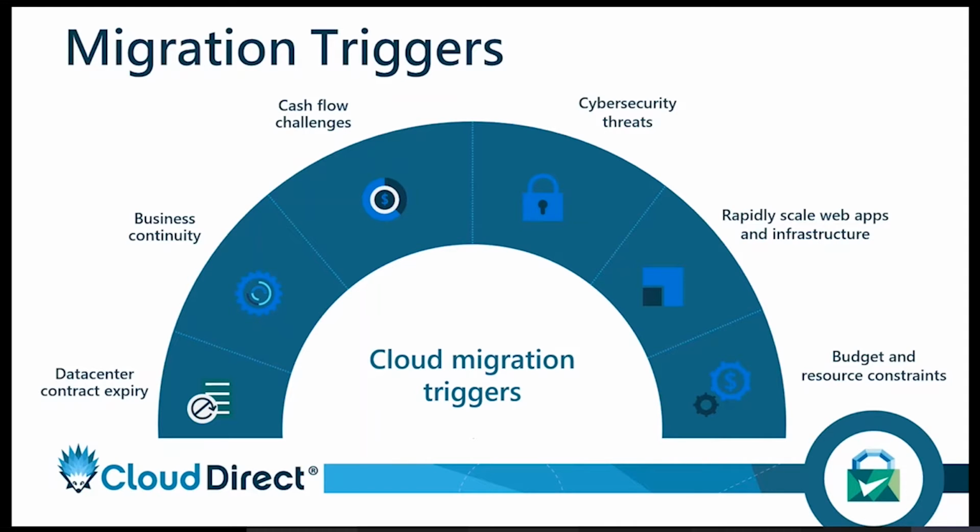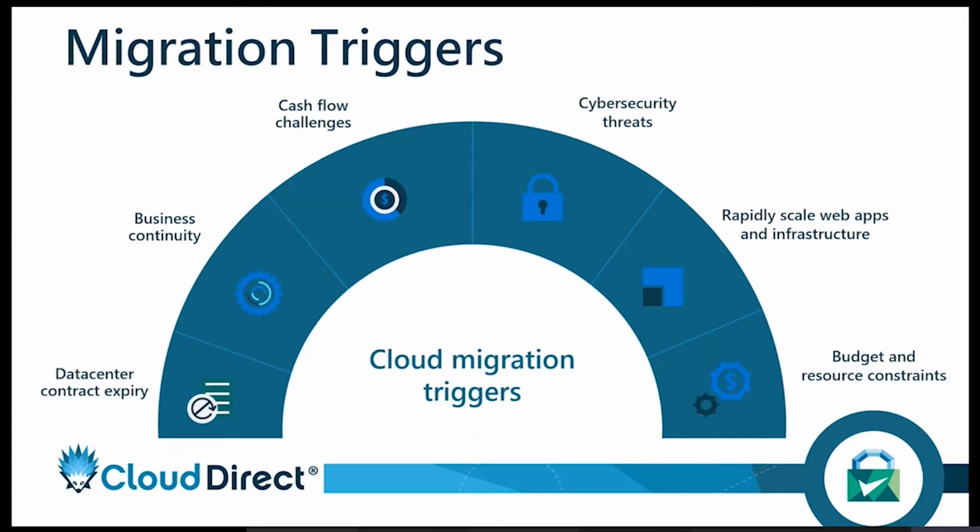And then budget and resource constraints. So being able to free up budgets for other projects. That's more about shifting budget from BAU type tasks to more of the innovation type tasks, getting more bang for your buck by innovating with your budgets rather than just doing the day-to-day work that could be handled by something like Azure, especially on the infrastructure level, and benefiting from the huge economies of scale that Microsoft has.